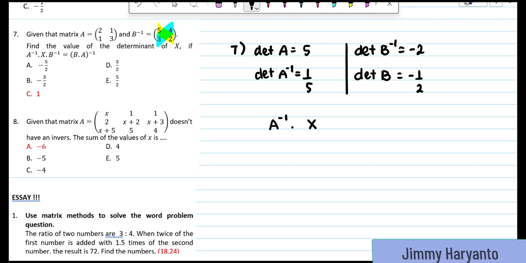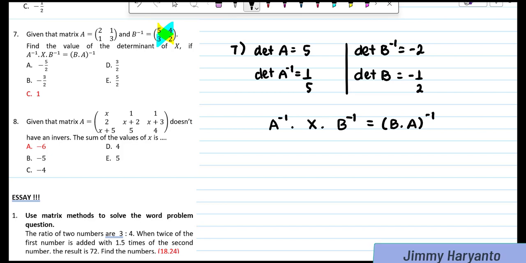A inverse times B inverse equals to B times A inverse.